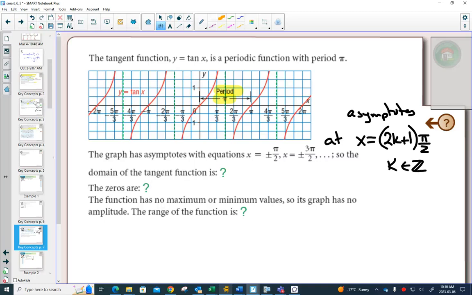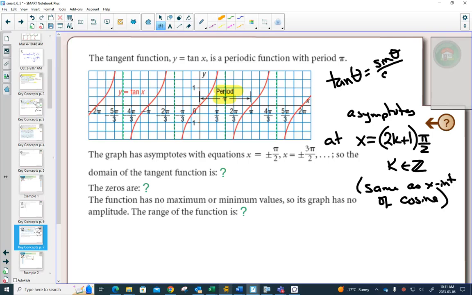If we wanted to write an equation of every single asymptote, notice that the asymptotes are at the same place where cos is 0. That may make sense because remember the big idea that tan of theta is sine of theta over cos of theta, and wherever cos of theta is 0, you would be dividing by 0.